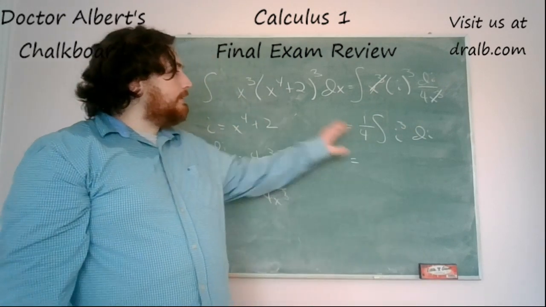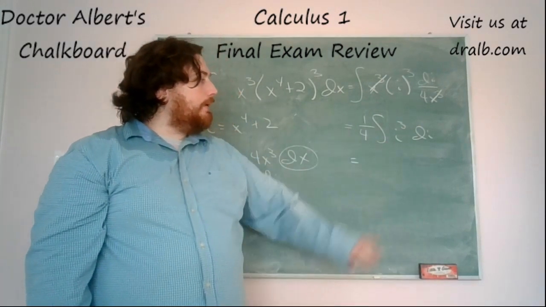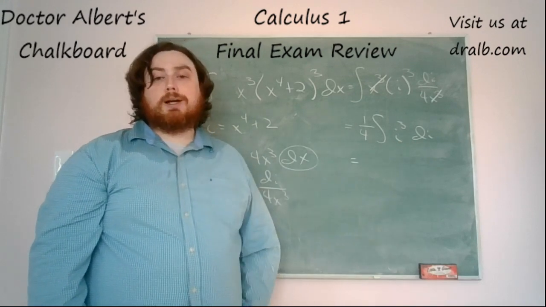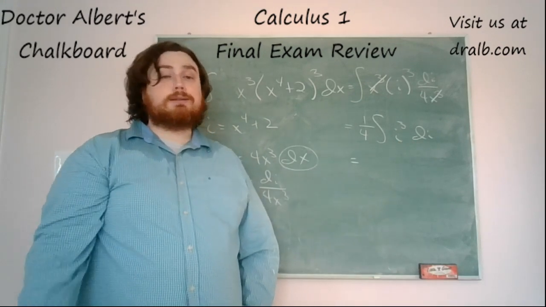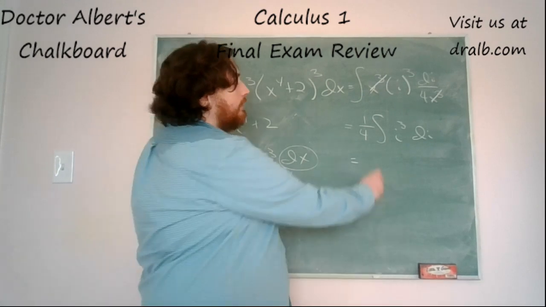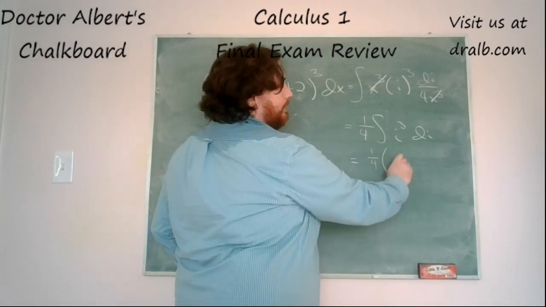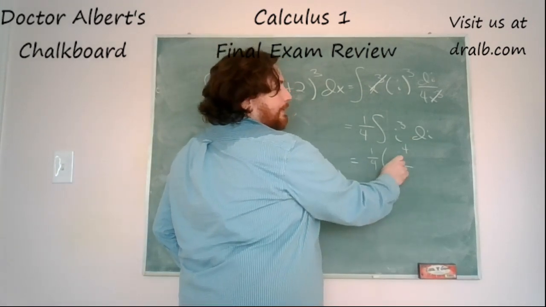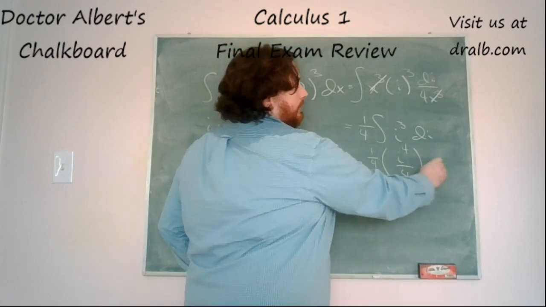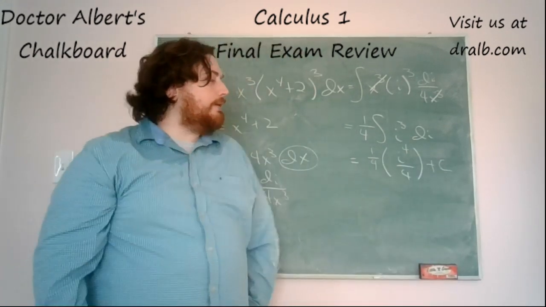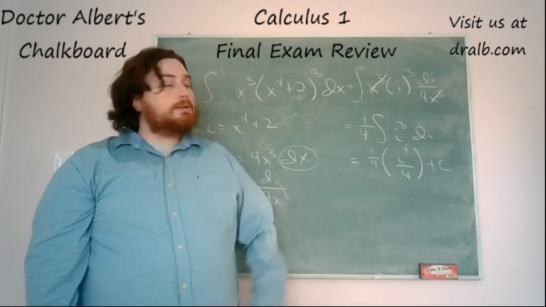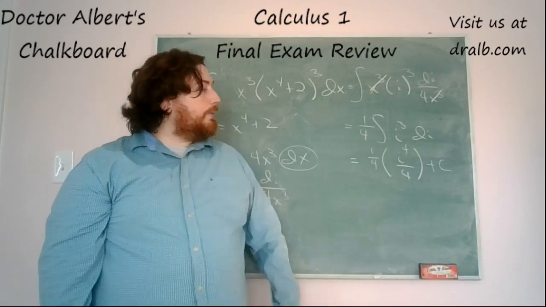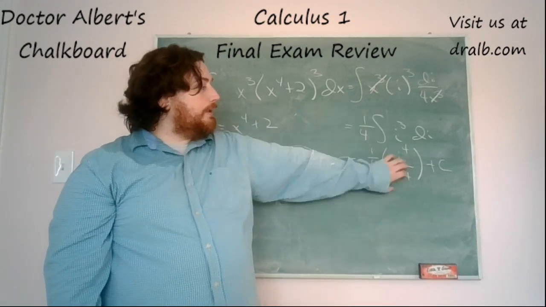Instead of working in x's, I'm working in u's, and I just need to integrate u cubed du. Well, that one we can guess, because we can just use the power rule. So we get 1/4 times, add 1 to the exponent, divide by the exponent, plus my constant of integration. So the integral of u cubed is u to the 4th over 4. So I've completed this integral.